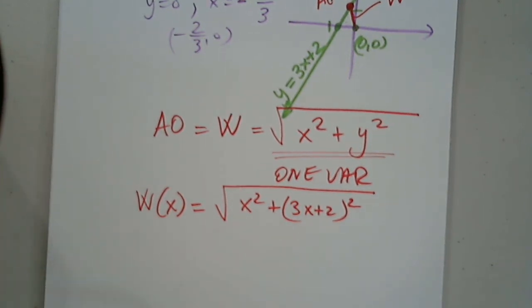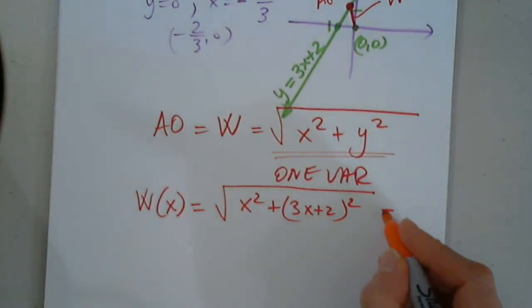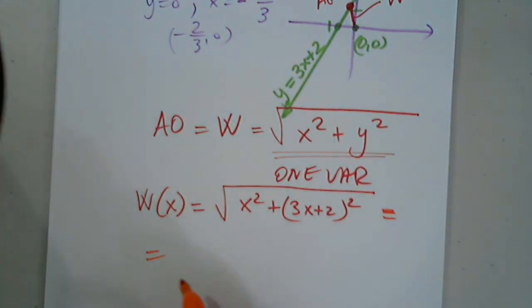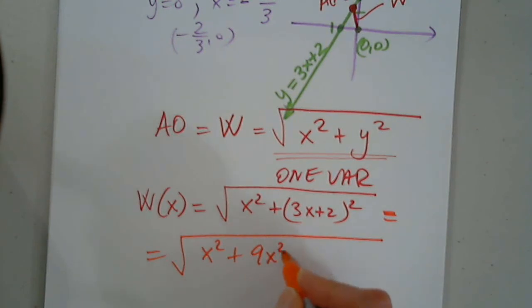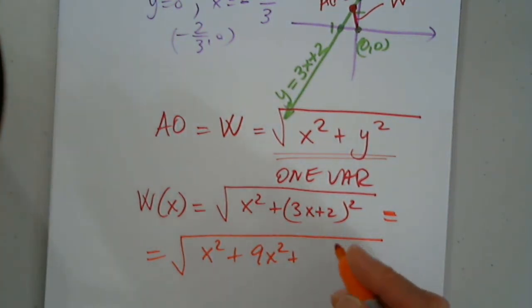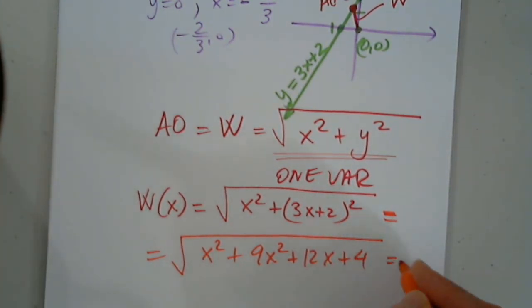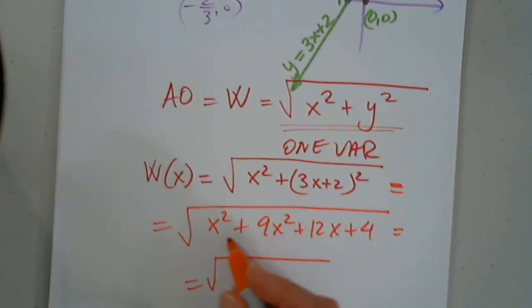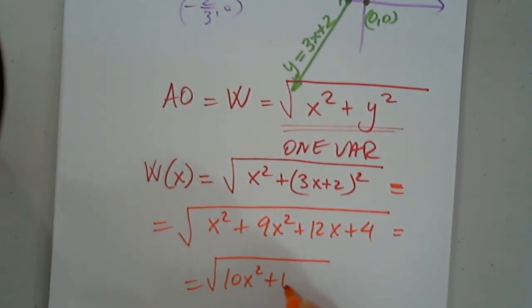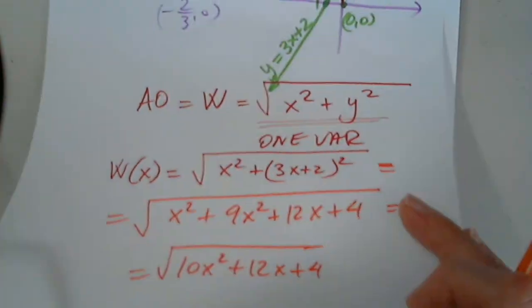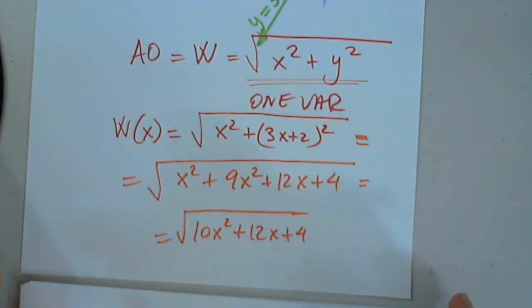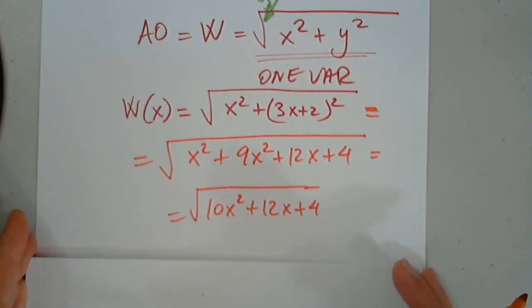I will differentiate. If you want to simplify, we can continue simplifying it first. So it's x squared plus 9x squared plus 2 times 6, so this is 12x, and plus 4. So finally I get 10x squared plus 12x plus 4. And now I will differentiate, find critical numbers, set it equal to 0, study the sign, and find the minimum.